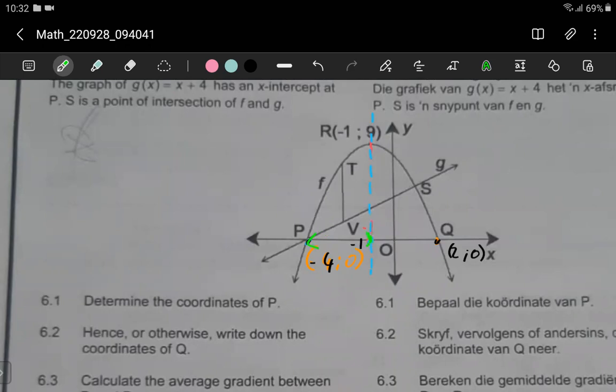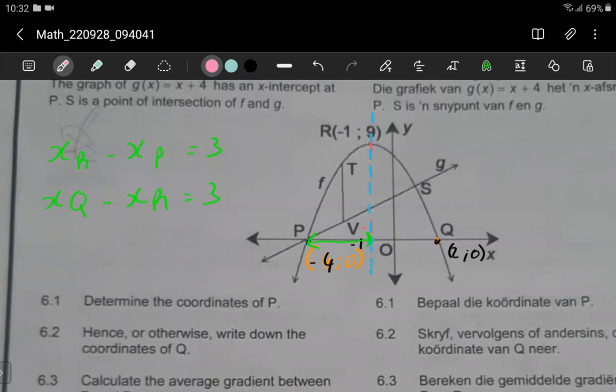Okay, that's fine. The x value of R minus the x value of P equals 3. And then the x value of Q minus the x value of R, this should also be equal to 3. Isn't it plus? Wait, no. Minus.